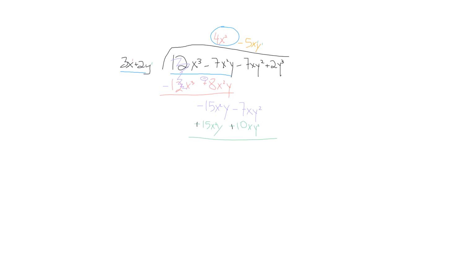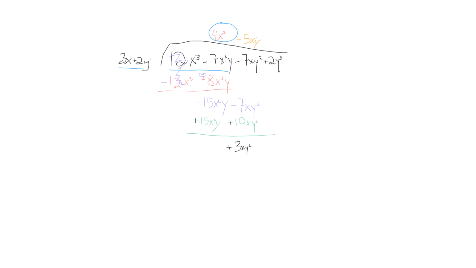So 3xy squared plus minus 15x squared y plus 15x squared y. This is gone, which is what we want to happen. And bring down the next term, which is plus 2y cubed.